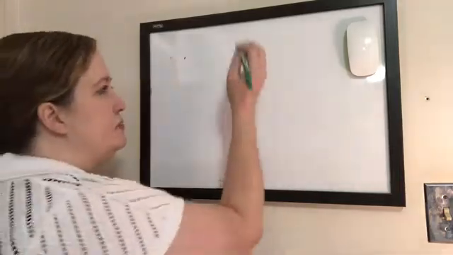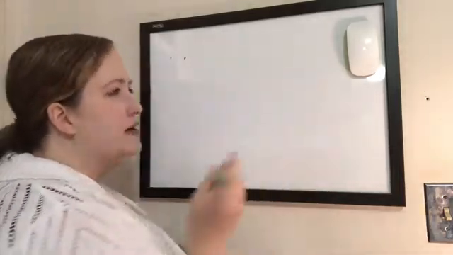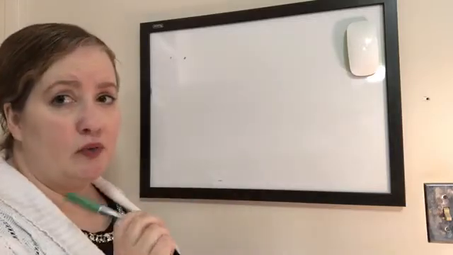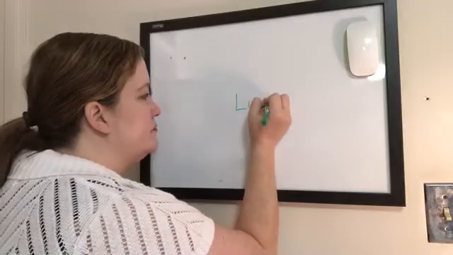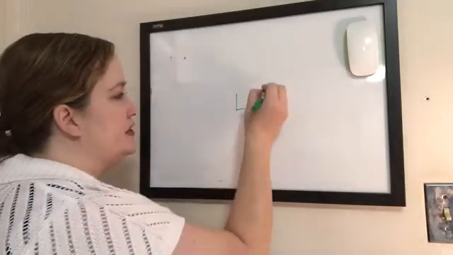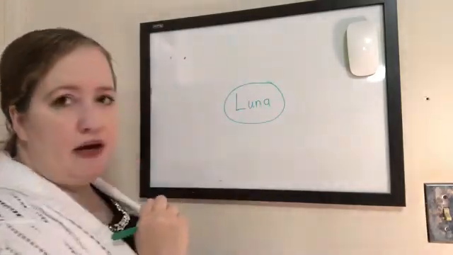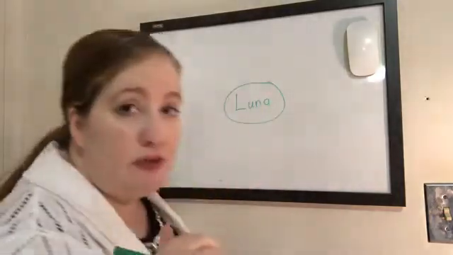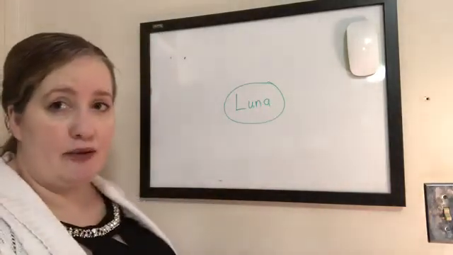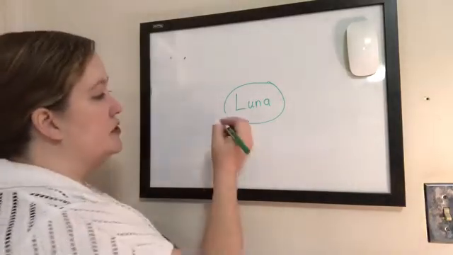But some people do lists, and I have decided I want to write about my cat, Luna. So Luna is my cat. And what I would do is I would just do a web about Luna. And you can't do this wrong. It's just ideas. You won't include every idea in your paper, but you will include some.